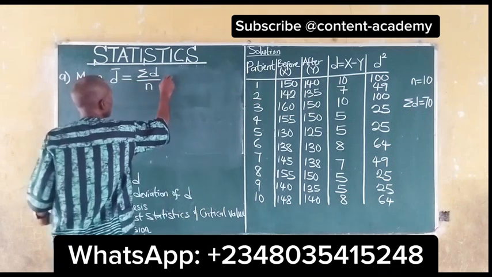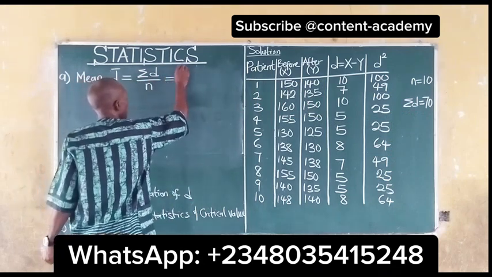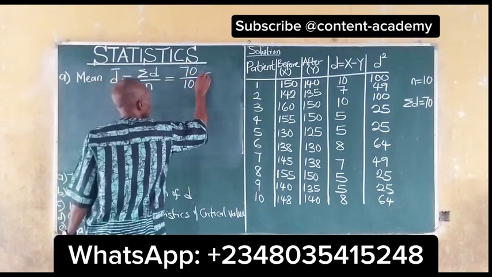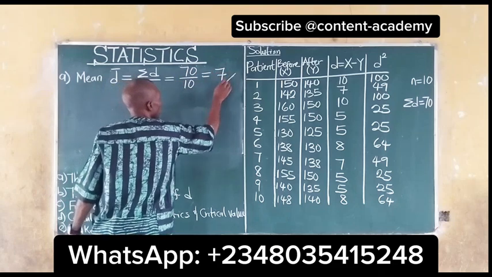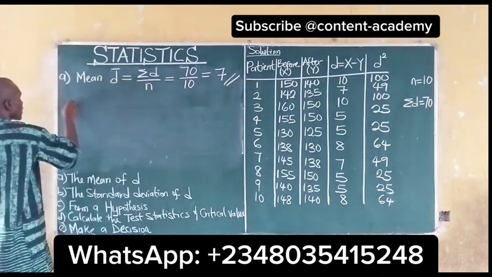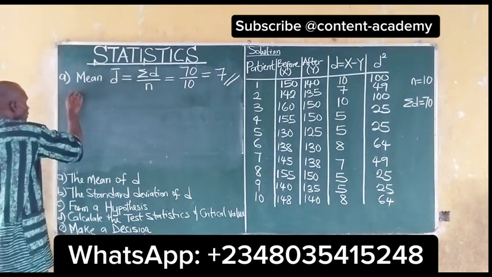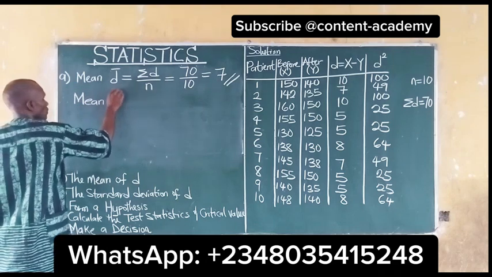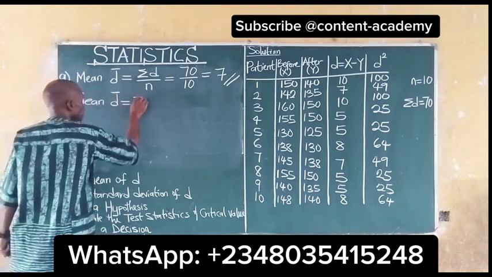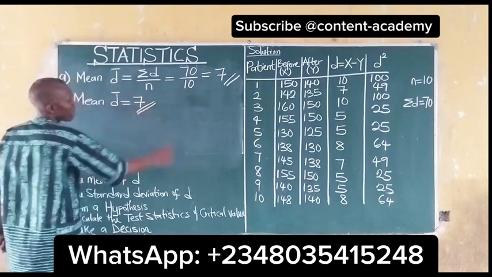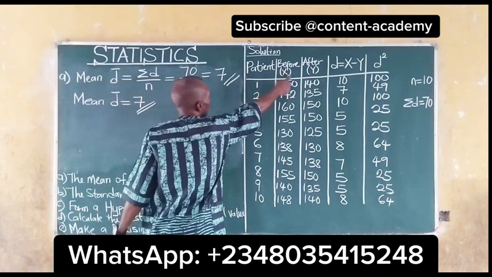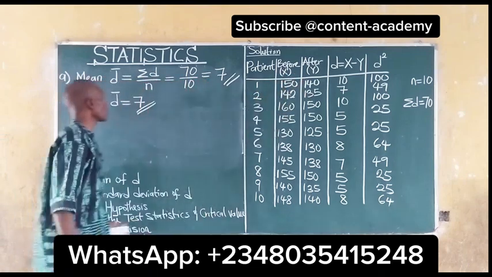It means that we have 70 divided by 10, which is equal to 7. So our mean is 7. Therefore, the mean of the difference between x and y is 7.